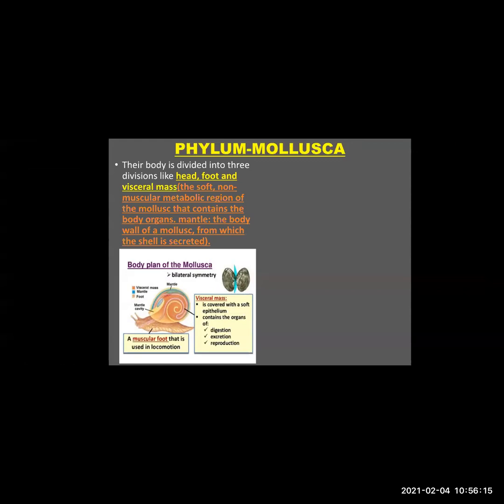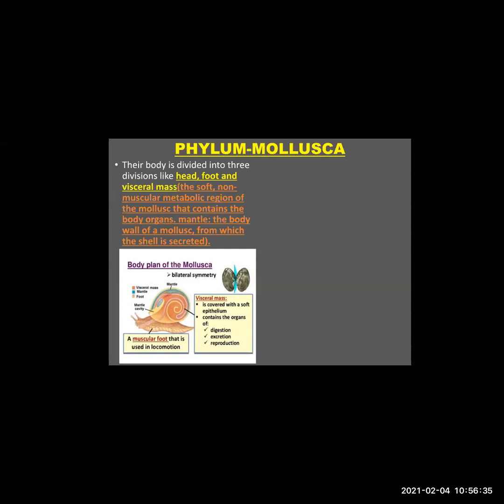Mantle is the body wall of the mollusc from which the shell is secreted. You can see in the picture there is a shell present, and that shell is secreted from the mantle.